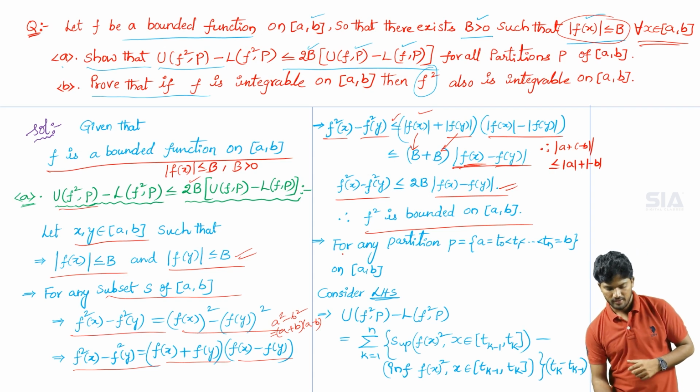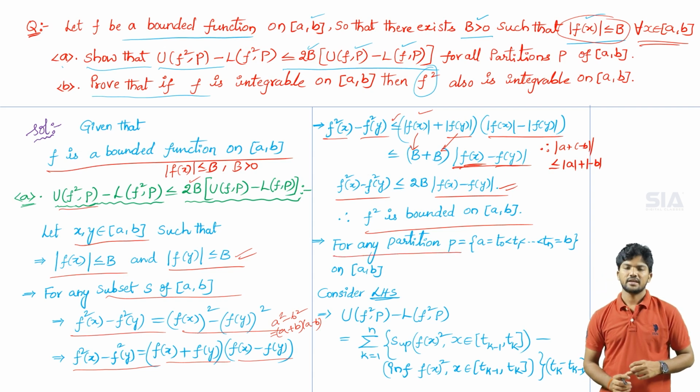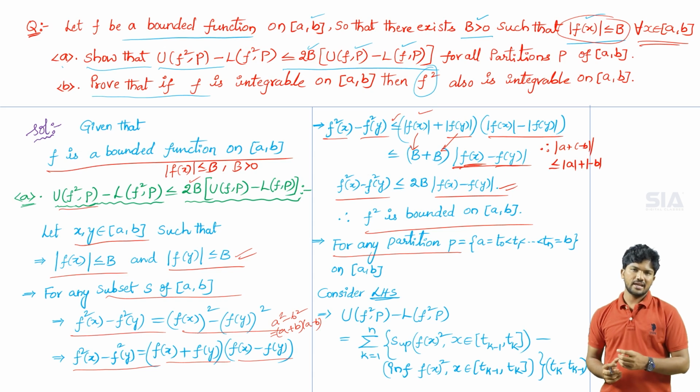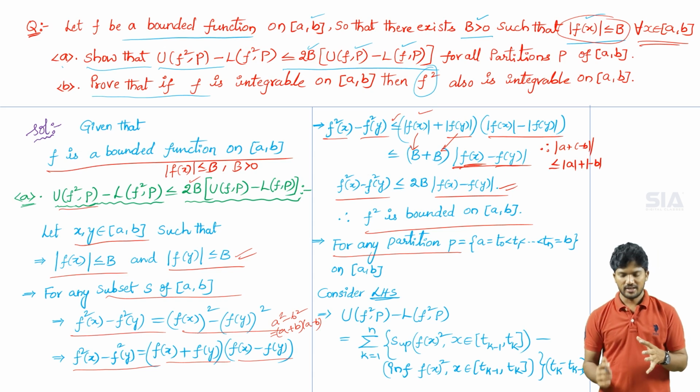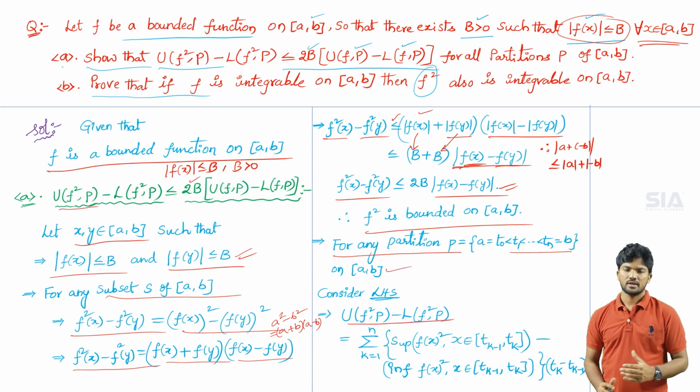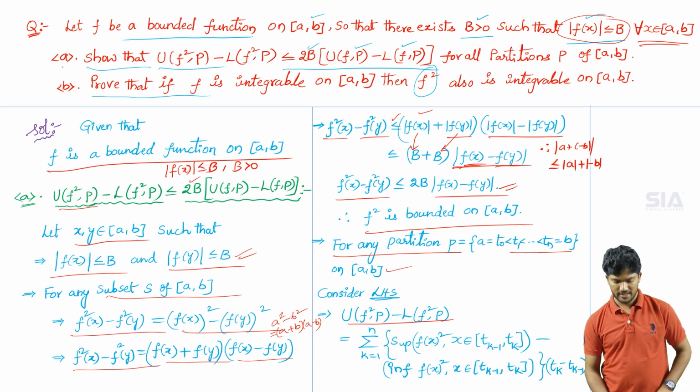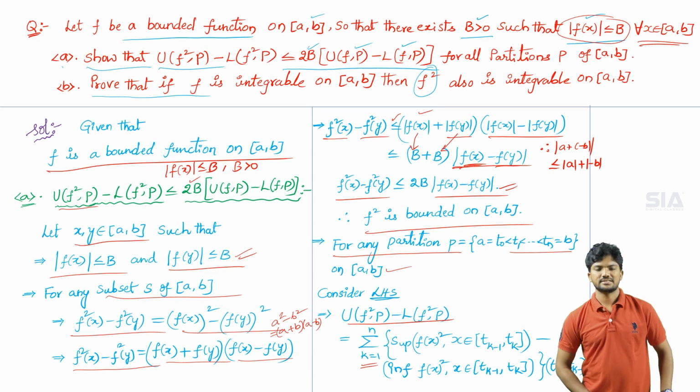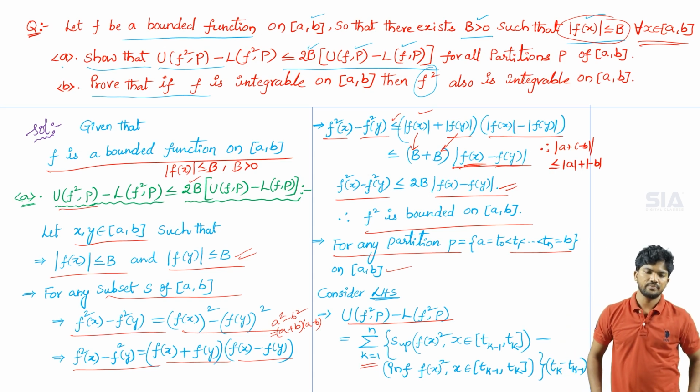So therefore for any partition P equal to {a equal to t naught less than t1 less than up to so on t suffix n less than b} on closed interval a comma b. Now consider the LHS part of the condition 1, that is U f square comma P minus L f square comma P is equal to, so I am substituting the formula summation k is equal to 1 to n.